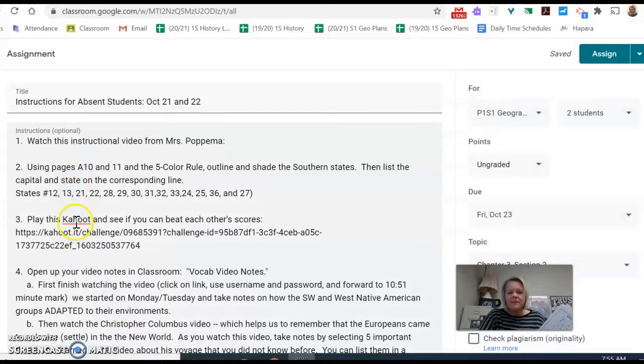Okay? Step 3, you're going to play Kahoot by yourself, but anyone who plays this Kahoot will then be challenging each other's score. So go ahead and go to this and maybe just log in with your, like we did the other day, your first initial, your last name, and then your birth year. That will be your username and people will be able to know who you are.